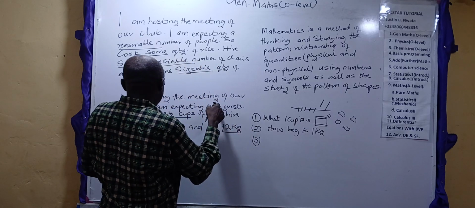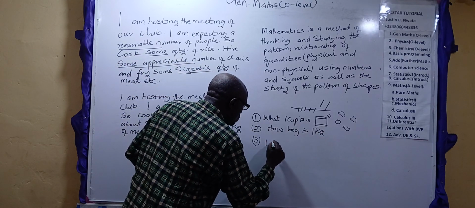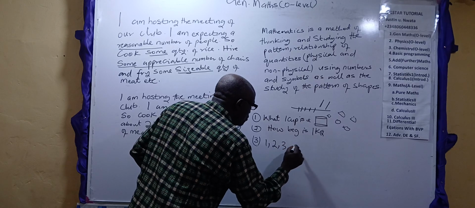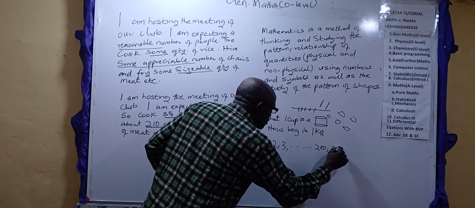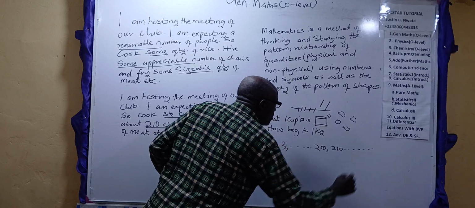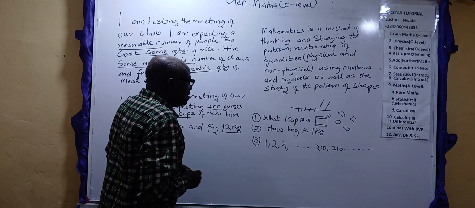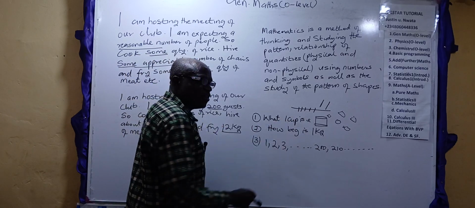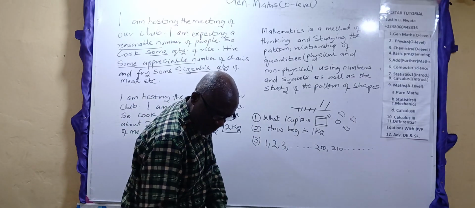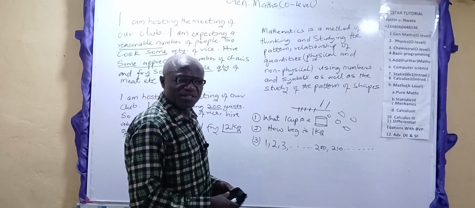I mentioned 200, I mentioned here 210. So a number system like 1, 2, 3 continues up to 200, 210 and continues non-stop up to million and trillion. This thing can only have meaning if we have agreed on all these things worldwide, not only between the madam and the housemaid.